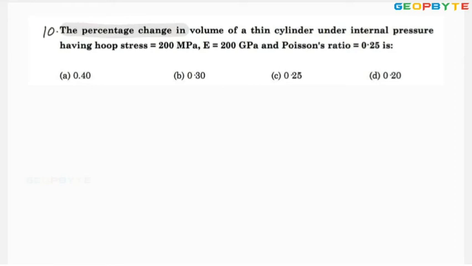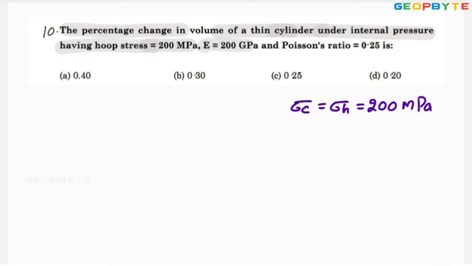The percentage change in volume of thin cylinder under internal pressure having hoop stress 200 megapascal. Hoop stress means circumferential stress. Sigma H equal to 200 megapascal.